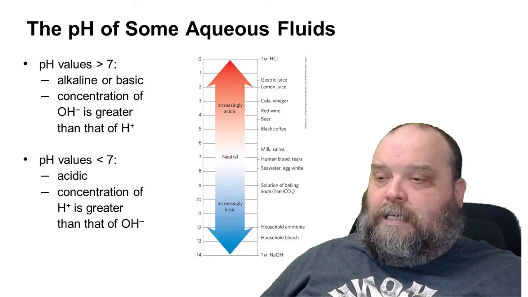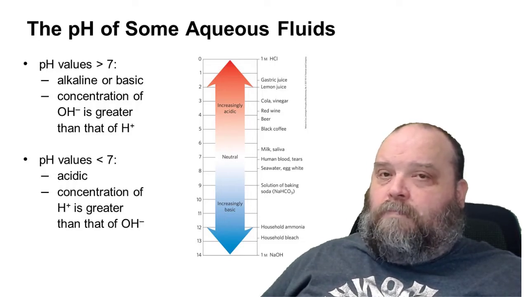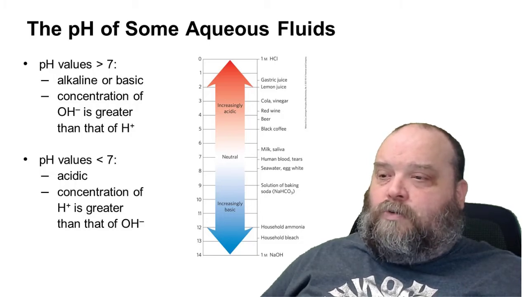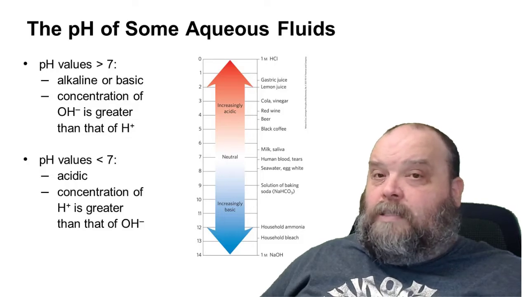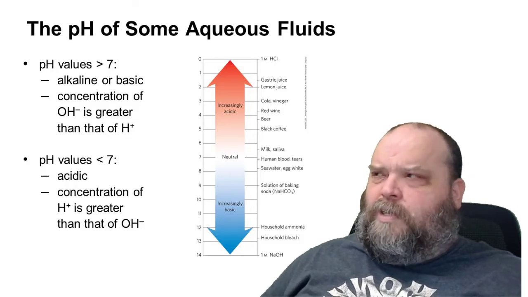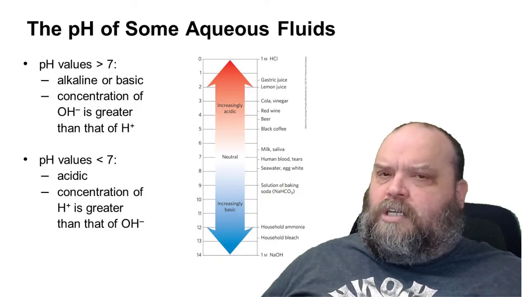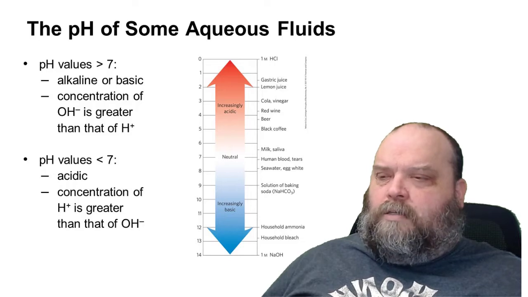You go and you look at things that you normally consume. Increasingly acidic means the pH numbers are lower than 7. Gastric juice is down there around 1.5. Lemon juice. Keeping in mind this is a logarithmic scale. It's one of the things students in Gen Chem and the early bios can't seem to quite comprehend.